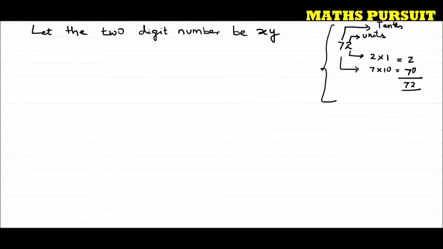Now if I try to write this xy, I can write it like this. x is in the tens place, so I can write x into 10, and y is in the units place, so I can write y into 1. That is equal to 10x plus y. That means xy consists of 10x plus y.